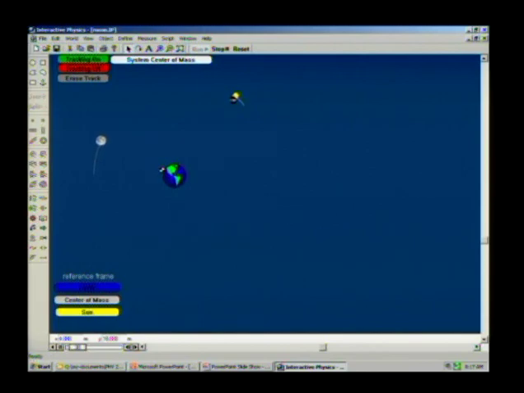The center of mass of the Moon and Earth will be somewhere in between over here. It's moving in a circular motion. Earth is obviously stationary, the Moon is circling the Earth, and the Sun is wobbling. It's getting closer and further away from us.